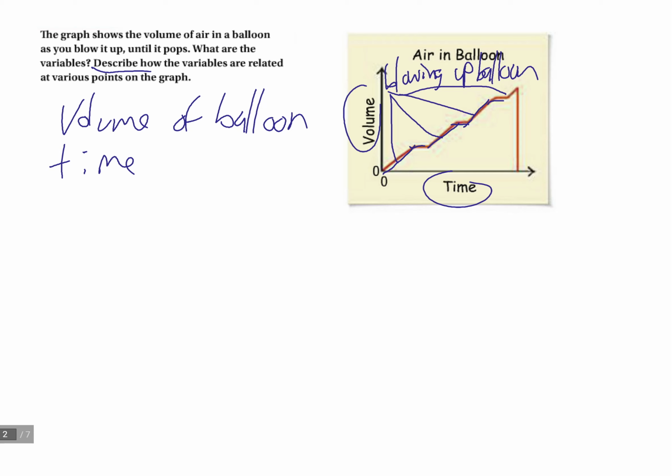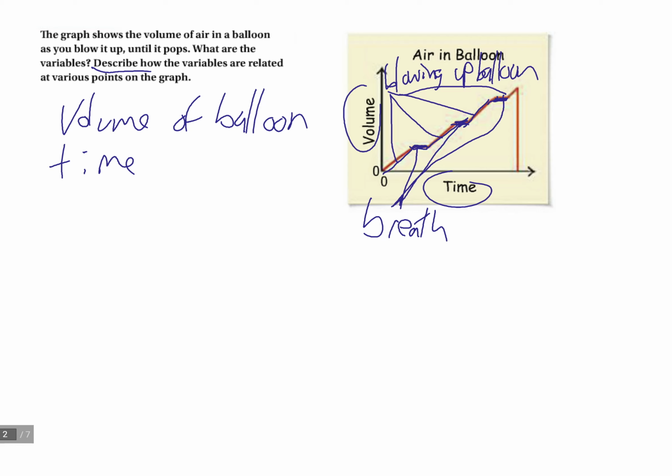So then the big question is what's happening at these horizontal locations? There's a horizontal spot there, horizontal spot there, horizontal spot there. Those are three key locations on the graph as well. So we need to say what those are. And those are going to be, we're taking a breath. As you blow up a balloon, you put all the air that's in your lungs into the balloon, you've got to take a breath of air.